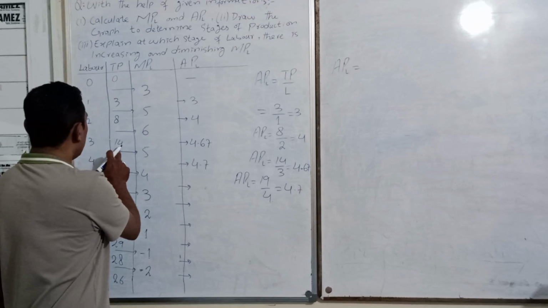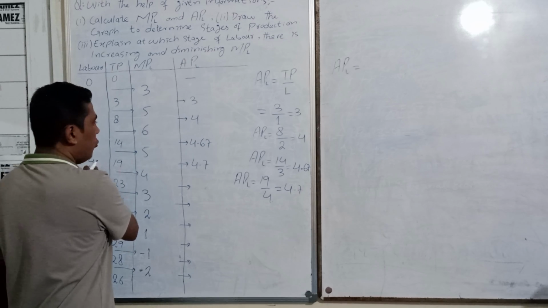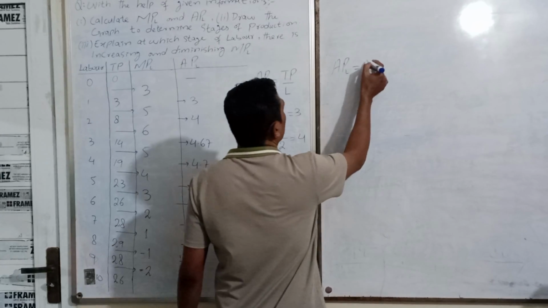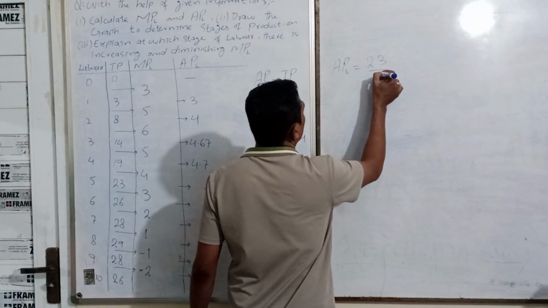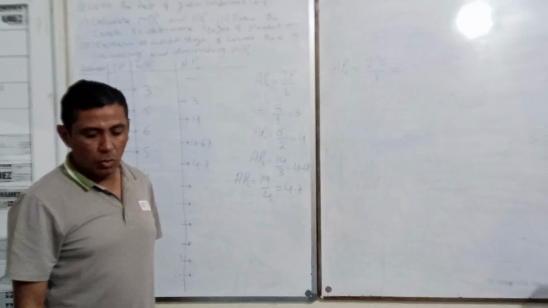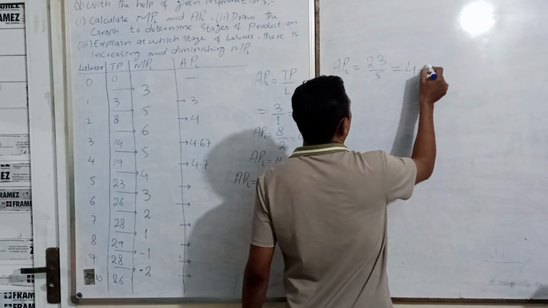At 14 we have calculated 14 divided by 3, 19 divided by 4 we have calculated, now 23 divided by 5. So your answer is 4.6.